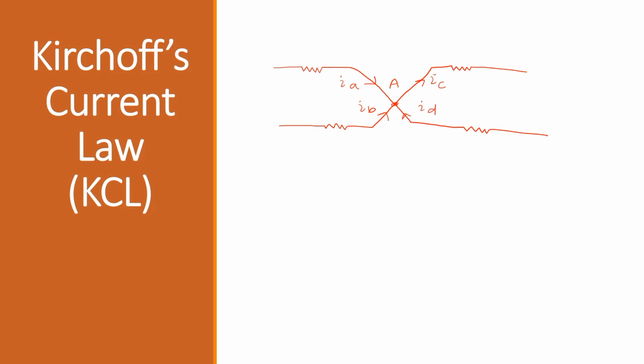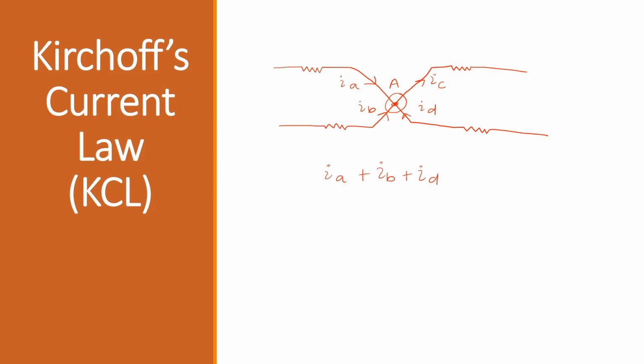So, how are you going to analyze this circuit? First you will look at node A, then you will see how many currents are entering this node A and how many currents are leaving from this node. As you can see, three currents are coming, that is current IA plus current IB plus current ID.